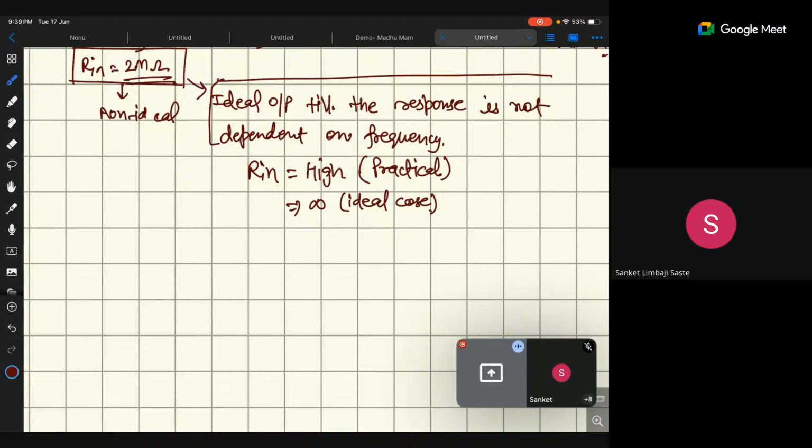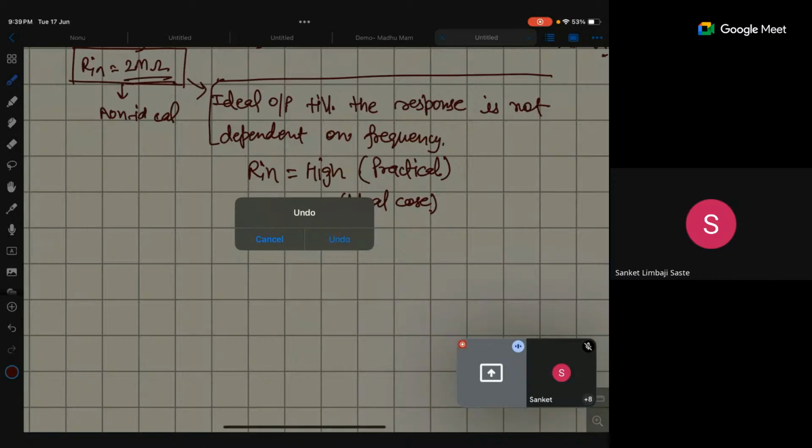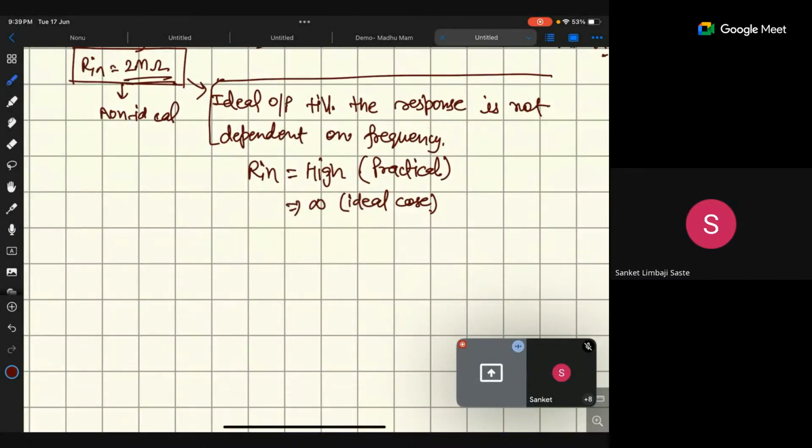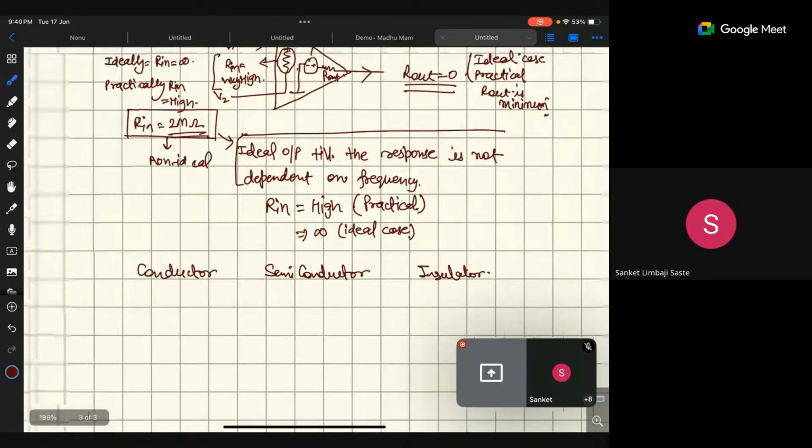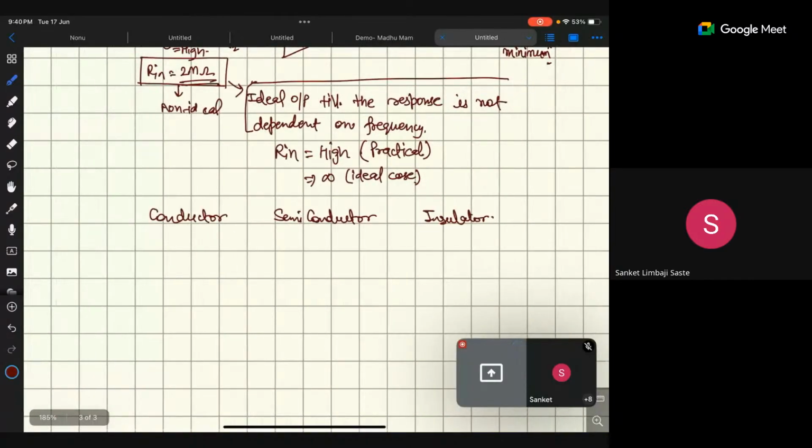I think you are aware of the different types of materials. Three types of material are available: conductor, semiconductor, insulator. Aware of this? Yes, sir.